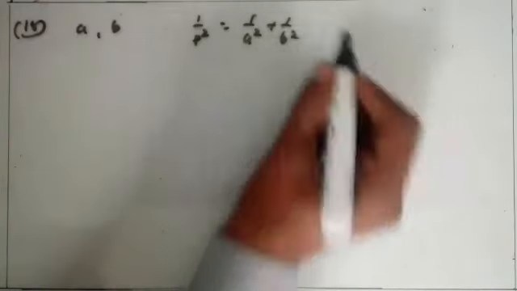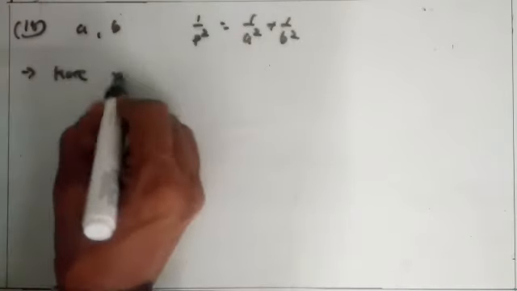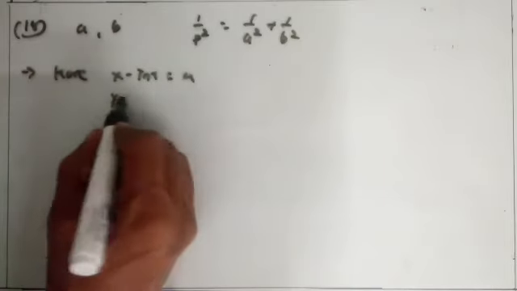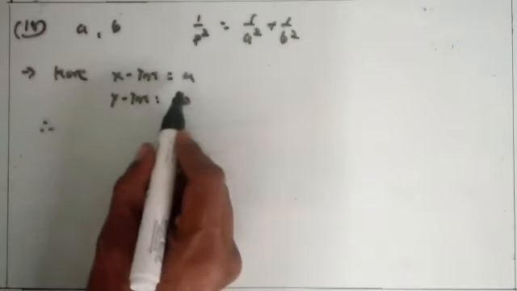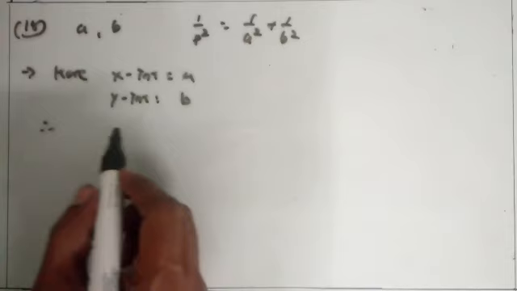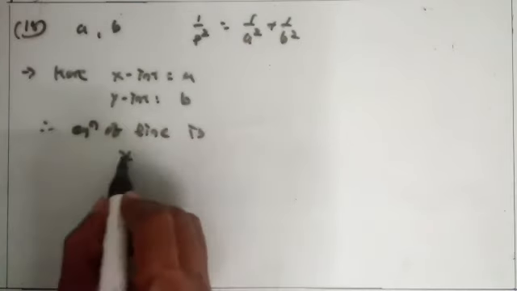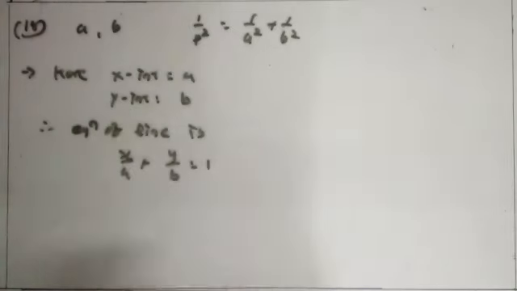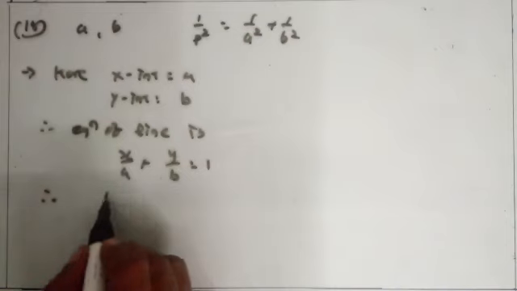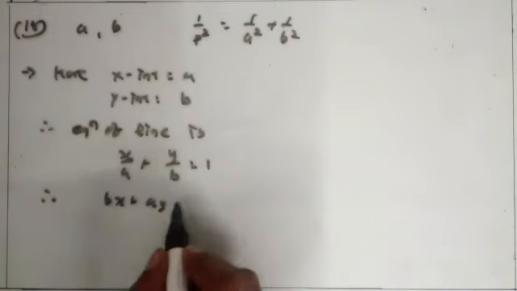If p is the length of the perpendicular from the origin to the line whose intercepts on the axes are a and b, with x-intercept a and y-intercept b, then show that 1/p square = 1/a square + 1/b square. The equation of a line with x-intercept a and y-intercept b is x/a + y/b = 1. Clear? Simplifying, bx + ay - ab = 0.